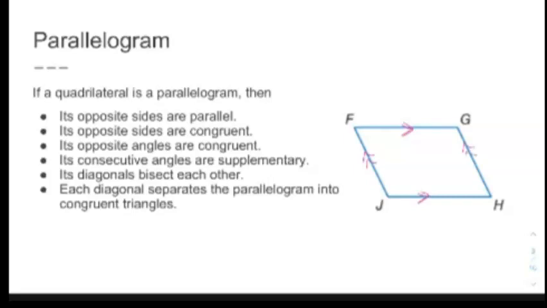We want to make sure we're able to make these markings and also identify them. We should also be able to state that if a quadrilateral is a parallelogram, then its opposite sides are congruent. So FG is congruent to JH, and FJ is congruent to GH.